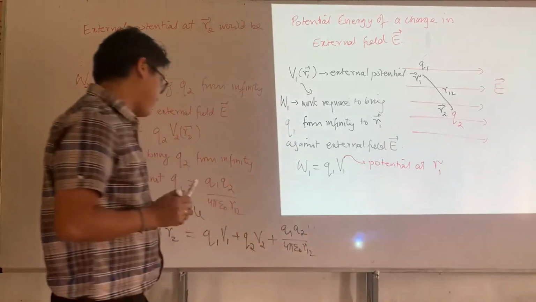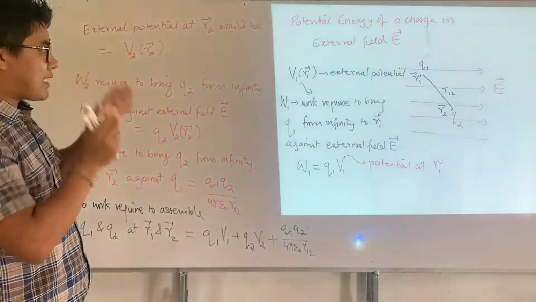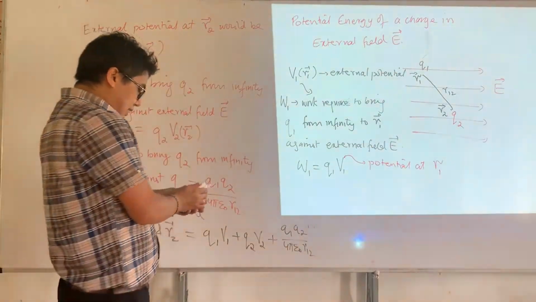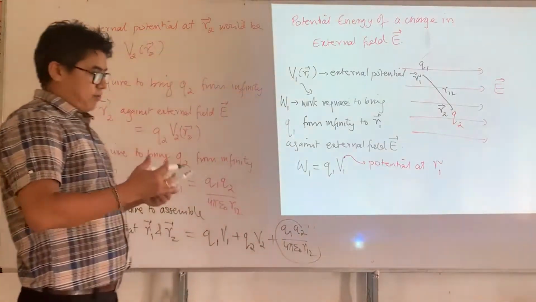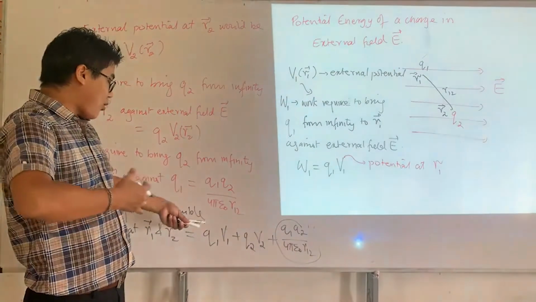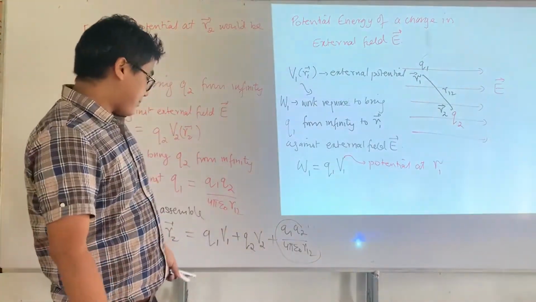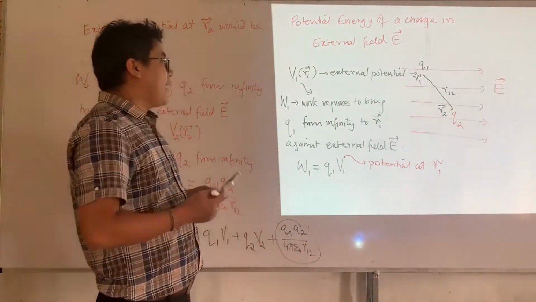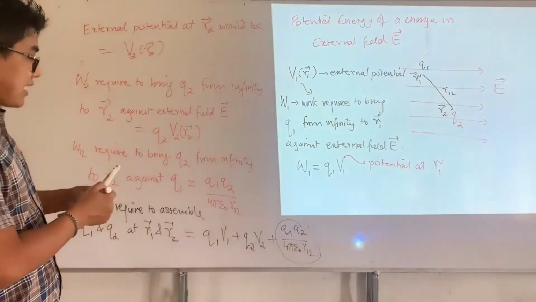V1 is the external potential at R1, V2 is the external potential at R2, and this last term is the interaction between Q1 and Q2. The first is the interaction between Q1 and the external electric field at point 1, and the second is the interaction between Q2 and the external field. This is the total work, and the total potential energy.